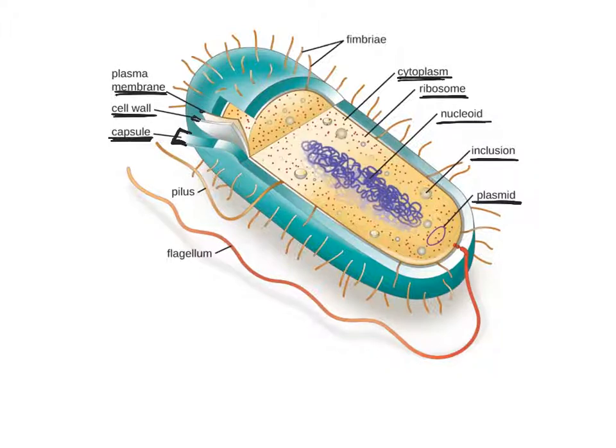Our plasmid is extra chromosomal DNA. We'll talk a lot about plasmids in this chapter and throughout the semester. It is separate from the nucleoid region. Generally, it doesn't contain any of the major genetic material or major genes that are required for that cell to continue living.